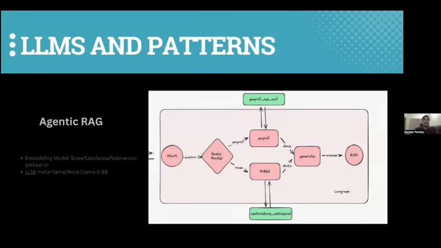So now, coming back to the solution, we are building an agentic RAG system. Here, we are going to utilize the Snowflake embedding model and the Meta Llama 3 model for developing this RAG system. Plus, the same LLM is going to be used for identifying tools.